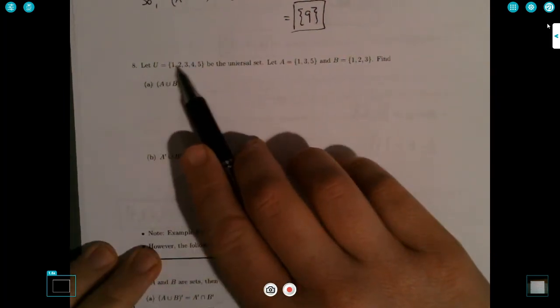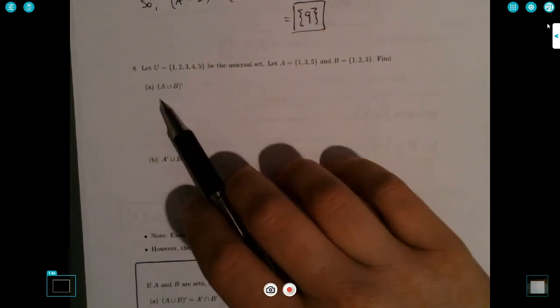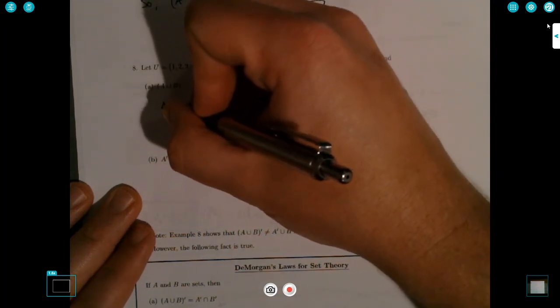Here's another example, and this one will lead us to an interesting fact. Let's say the universal set is 1, 2, 3, 4, 5. Let's say that A is 1, 3, 5, and let's say that B is 1, 2, 3. Let's find A union B complement. In order to find it, first we need to find A union B. So A union B is going to be 1, 2, 3, and then 5.